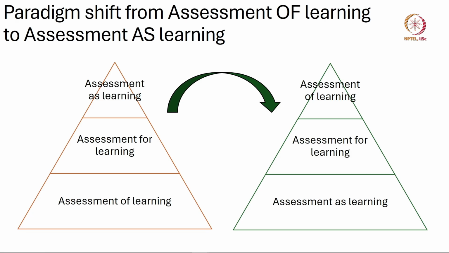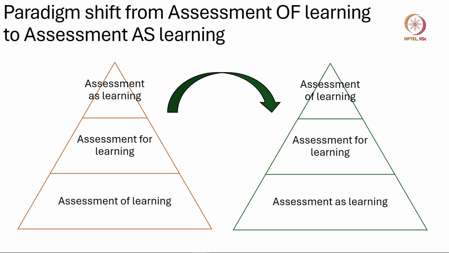The result will be that students will be more aware about the course outcomes. They will be in charge of their own learning, and all such an arrangement will help them attain the course outcomes better.